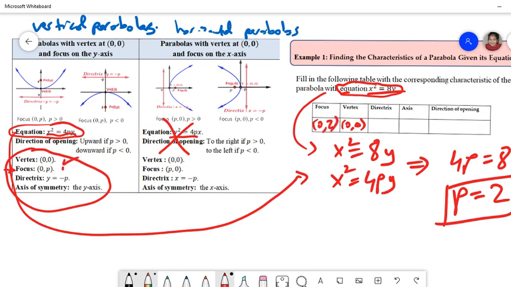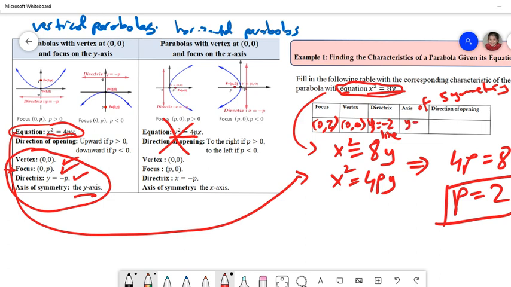And then, okay, we wrote them. The directrix is y equal to negative p line, so it will be y equal to negative 2 line. And the axis of symmetry, here we mean this axis of symmetry, the y-axis.